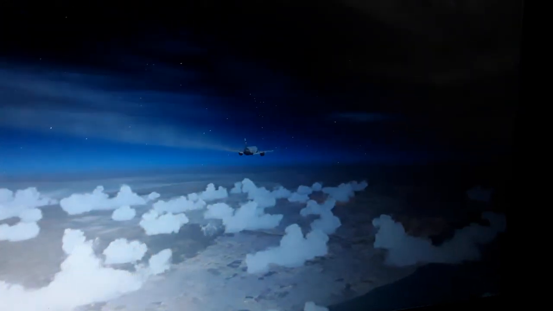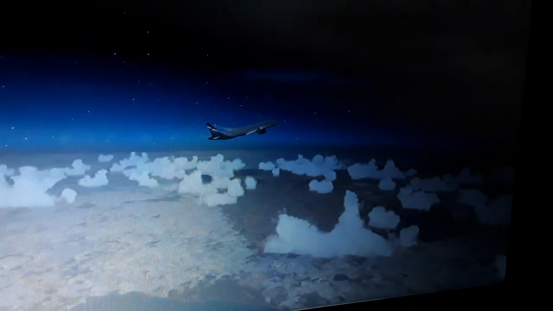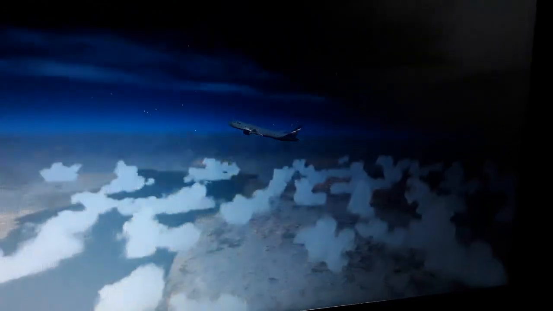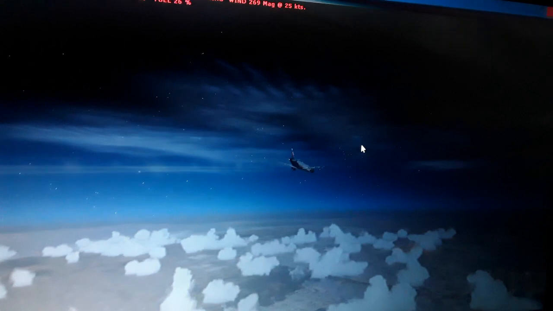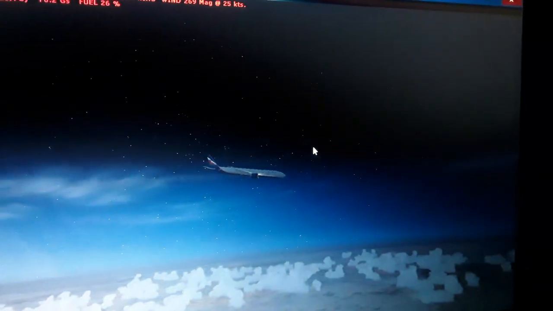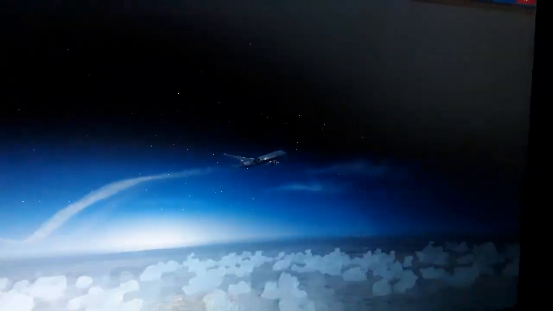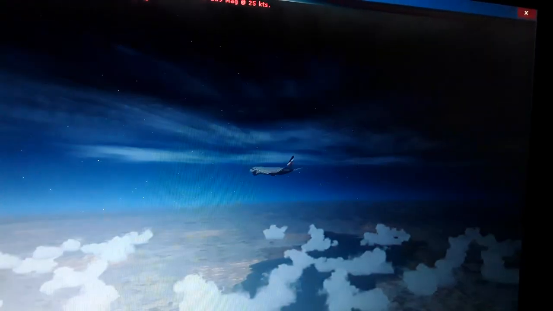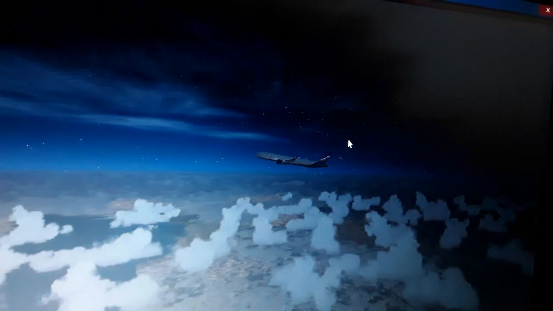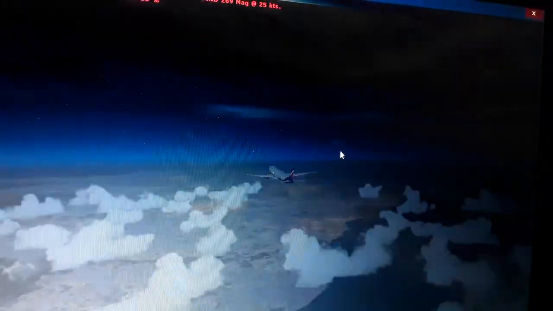This beautiful airplane, 33,000 feet. So we have Germany, Bayern Munich in front of us. We keep flying, we have the Galaxy. And this lake and the Swiss Alps here.